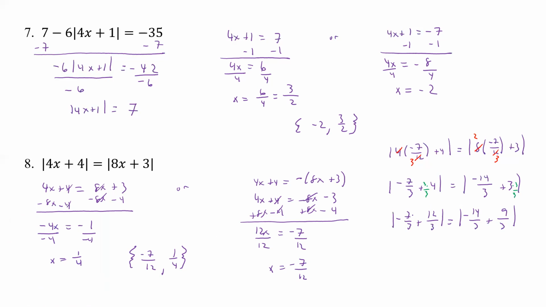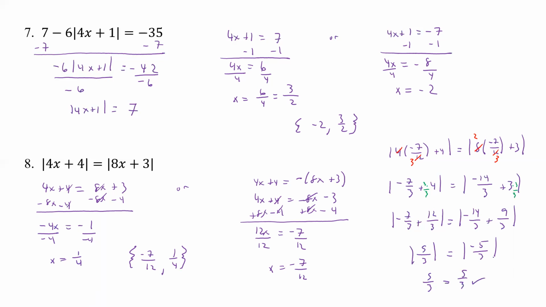And so here it looks like we have 12 minus 7, which is 5 over 3, absolute value, equals, and here we have 9 minus 14, so that's negative 5 over 3. Absolute value, that's 5/3. Absolute value, that is 5/3.